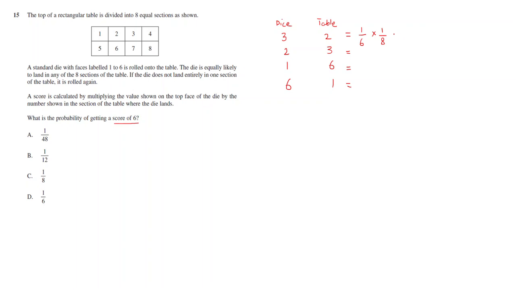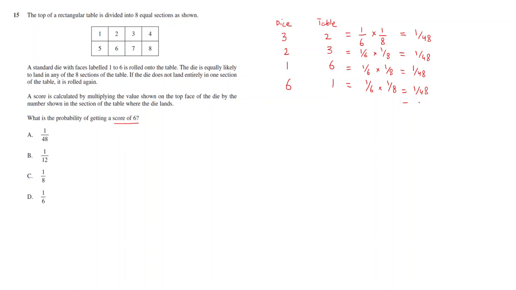It's one of all the outcomes. That's the same for pretty much all of them. 1 over 6 times 1 over 8, and what you will get would be 1 over 48 for all 4 of them.